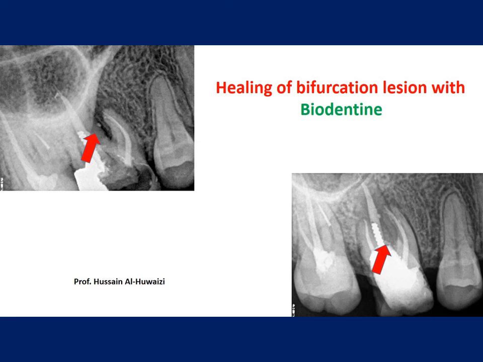So in this case, when it starts from the pulp and the problem happened due to the dentist and ended up with a periodontal lesion, it can be treated through the pulp chamber, and very well.